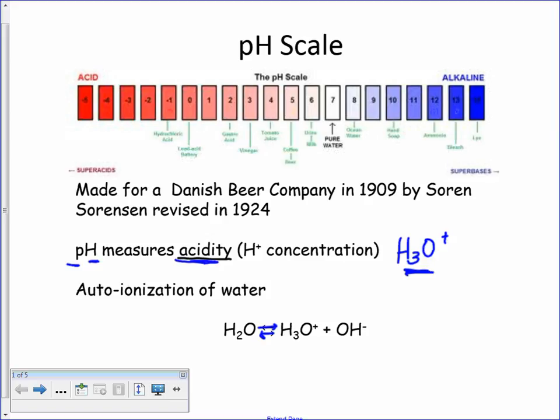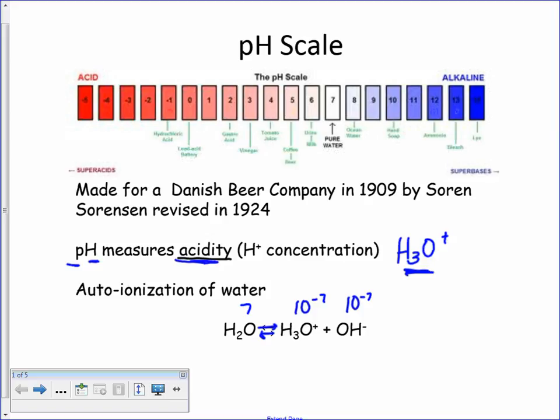But what is important to know is that water is neutral with a pH of 7. And what that means is that the concentration of hydronium ions is 10 raised to the negative 7, and the concentration of hydroxide ions is 10 raised to the negative 7 when the pH is 7.